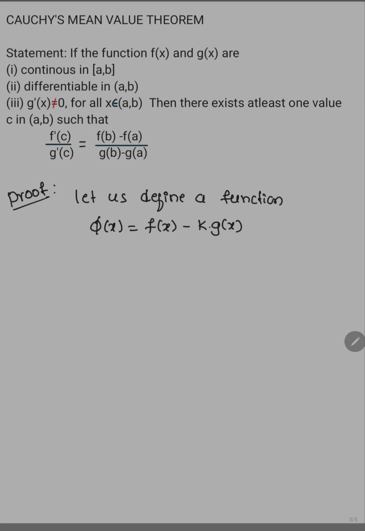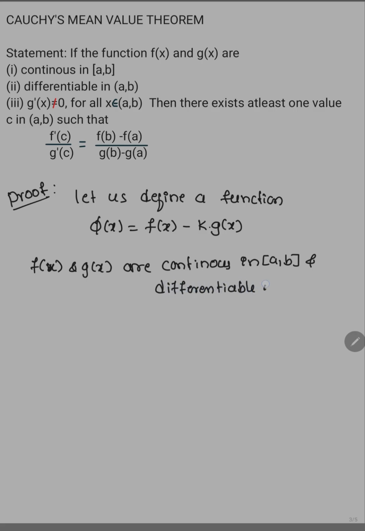From the statement, f of x and g of x are both continuous in closed interval a comma b and differentiable in the open interval a comma b.